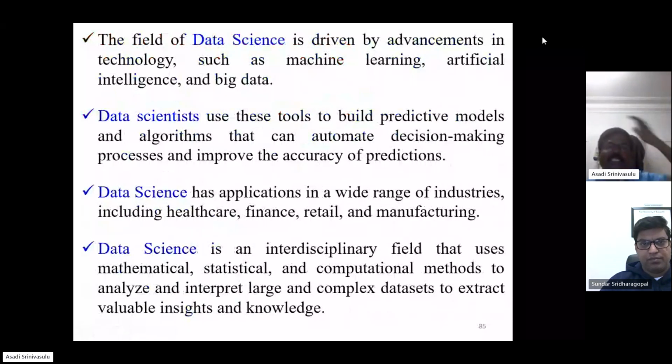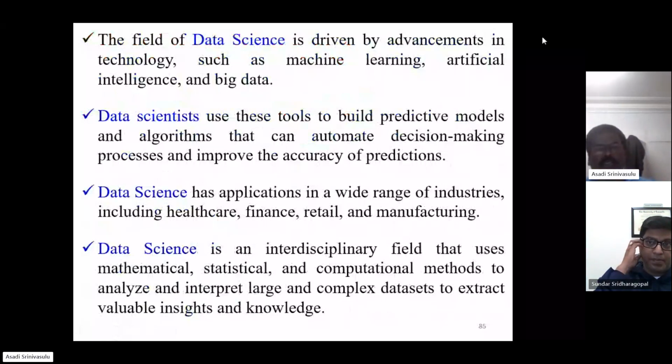So data scientists use various tools to build predictive models and algorithms that can automate the decision making process and improve accuracy and precision, and we are reducing time, so we can take very good decisions based on the data.